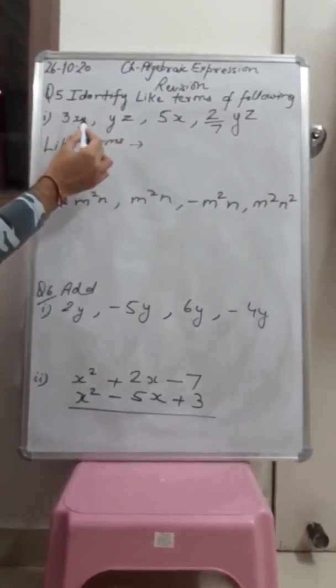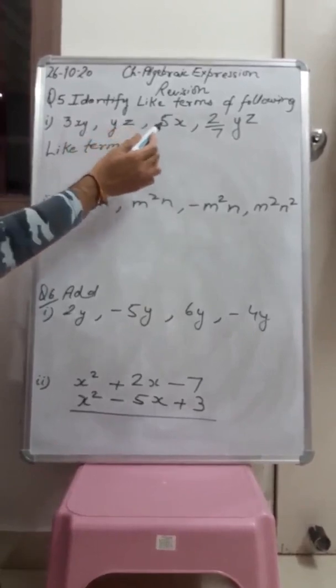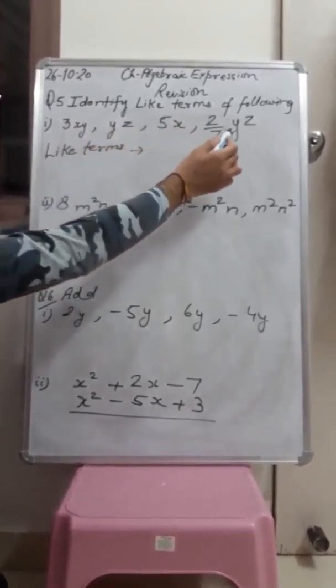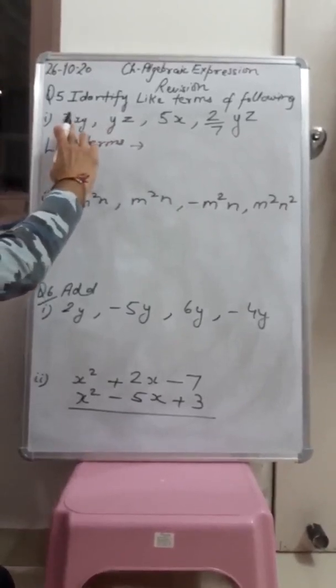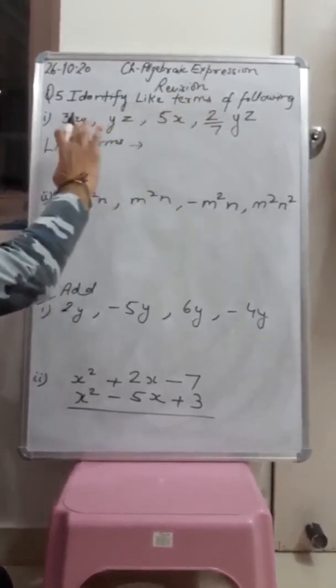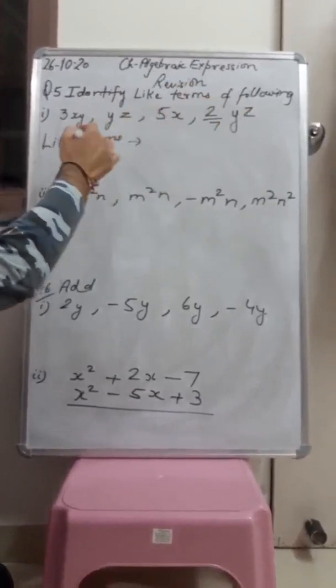it is 3xy, yz, 5x, 2 upon 7 yz. So for xy, we have only one term, so xy does not have a like term.